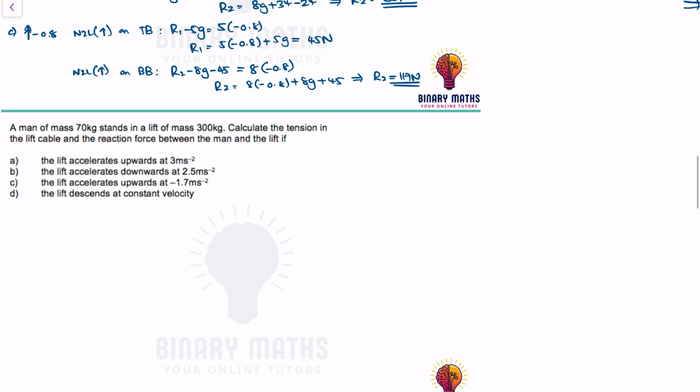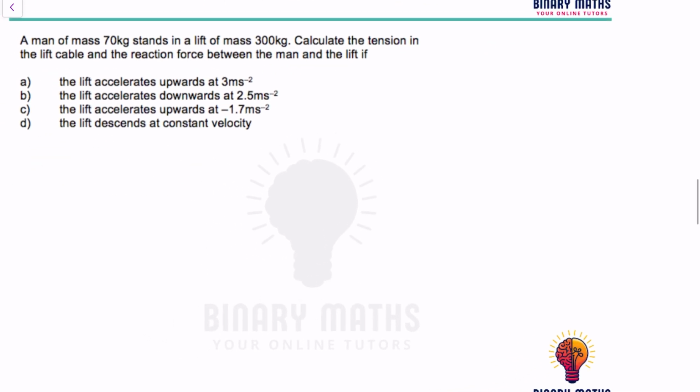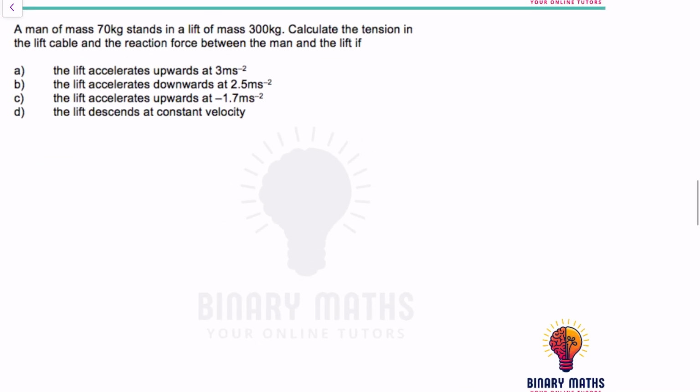Okay, next question. A man of mass 70 kg stands in a lift of mass 300 kg. Calculate the tension in the lift cable and the reaction force between the man and the lift if these two scenarios are happening. So we've got a man who weighs 70 kg, so weight will be pulling him down with magnitude 70g, and there's a reaction force from the lift.